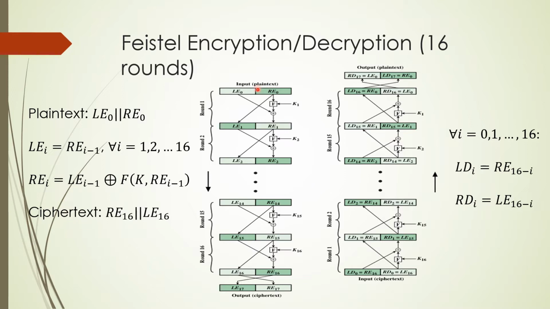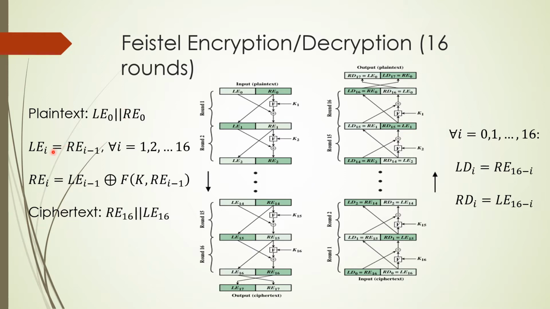Then you break this into two equal halves, left hand side and right hand side. I'm going to call this LE and the right hand side is RE. The E stands for encryption, and L and R are basically left and right. And then that's going to be the input of the very first round.